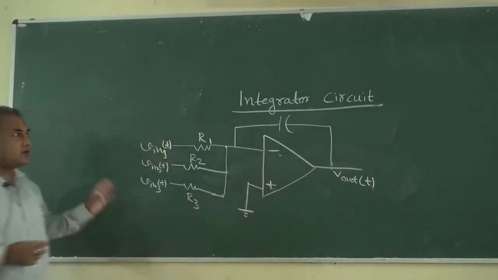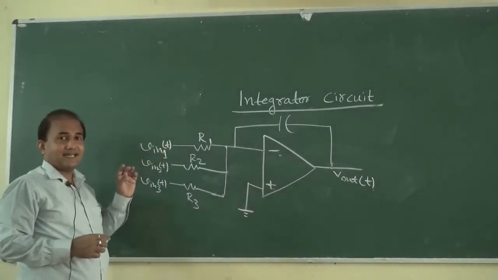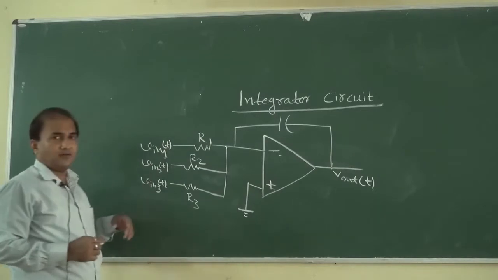Okay. So for this integrator circuit, how can we determine V out?